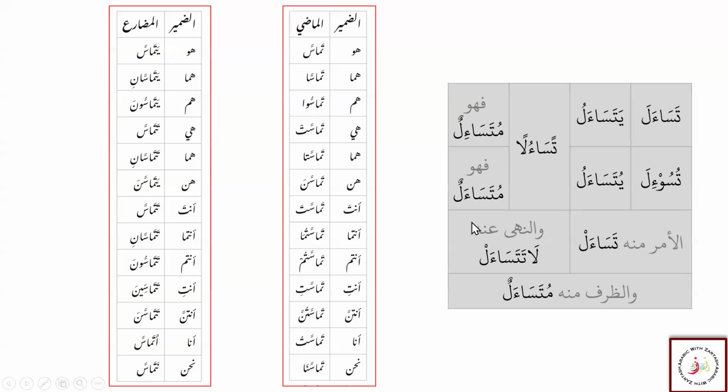Again, you can see the pattern here. Anta tamassat, antuma tamassatuma, antum tamassatum, anti tamassati, antunna tamassatunna, ana tamassatu, nahnu tamassana. So here you can see the whole Sarf Kabir for Tasala.